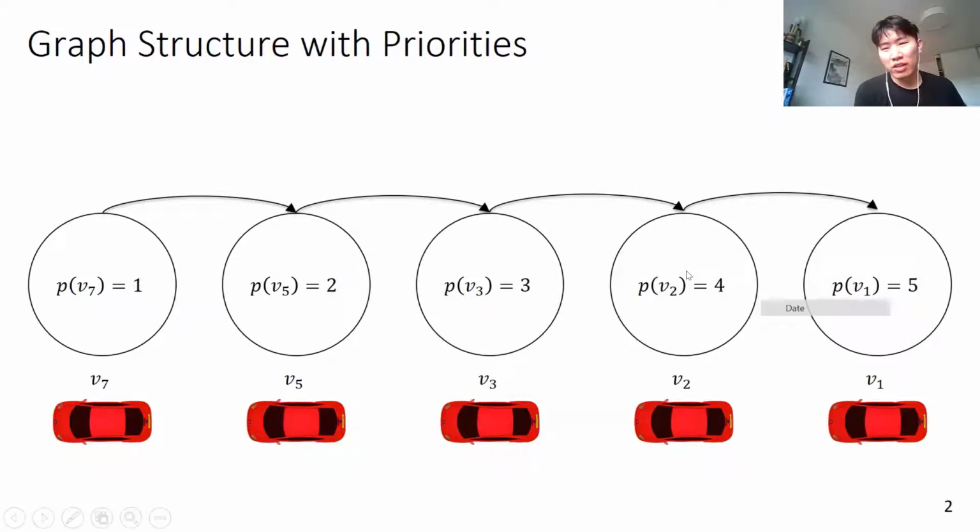I agree that it's a good thing to do, but we just chose a simple approach. The communication is just between the preceding vehicle and the ego vehicle, and the priority is set from the leader and then proceeds all the way to the end of the platoon.